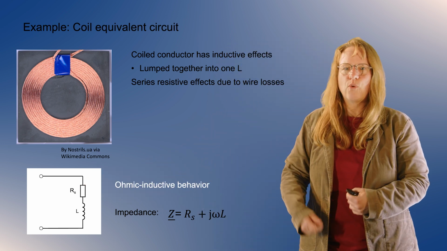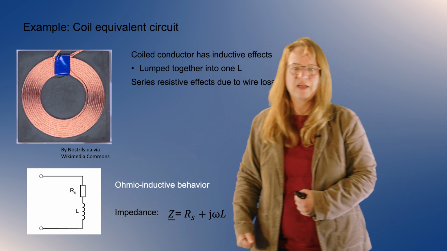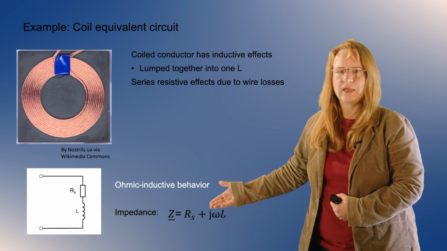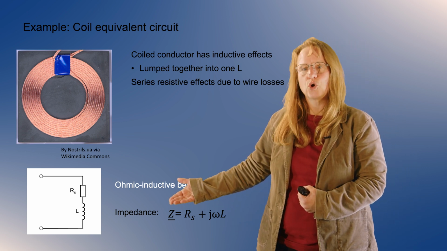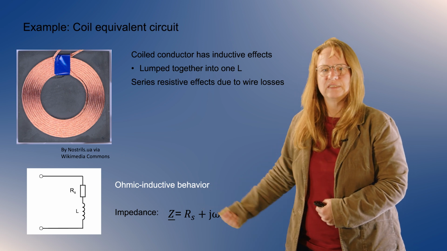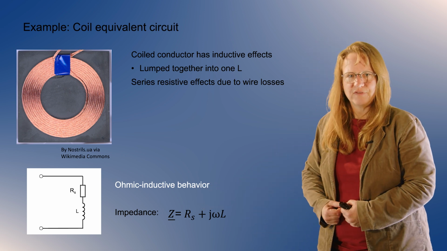If we now write down the impedance of this equivalent circuit, we find that this element has ohmic inductive behavior given by an impedance Z in the complex plane, that is in the frequency domain, by the series resistance plus j omega L for the inductive effects.